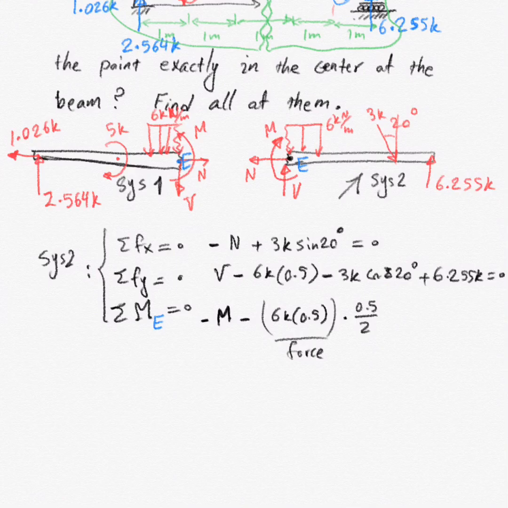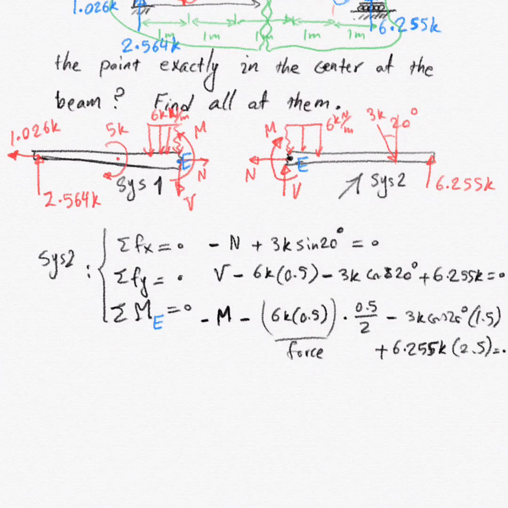For the 3K you get negative 3K cosine 20 times that distance, which is 1.5, and finally you get plus 6.255K times 2.5. This summation must end up to 0.